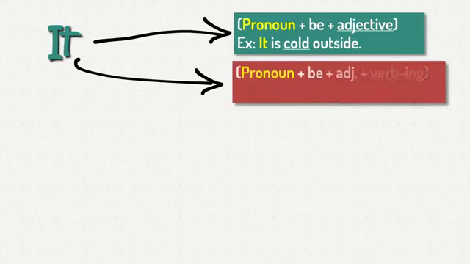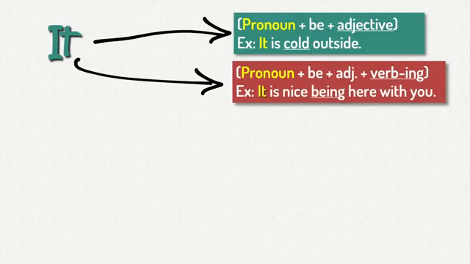It can also be used with the verb to be plus an adjective plus the verb plus ing, like in this example. It is nice being here with you. So it is the pronoun. The verb to be is, adjective nice, and then we have the verb be, being, ing, and then the rest.